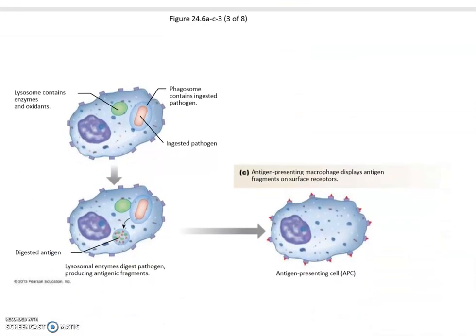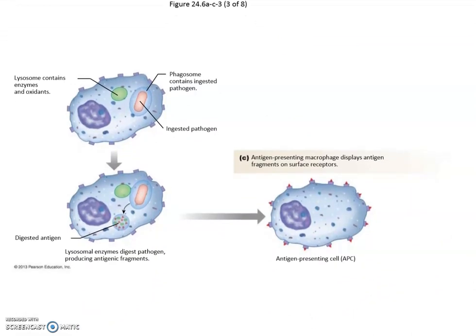Now what macrophages really like to do, once they have this phagolysosome and have picked apart this antigen, a digested antigen, is take characteristic pieces from the surface of that bacterium and show it to the rest of the immune system.